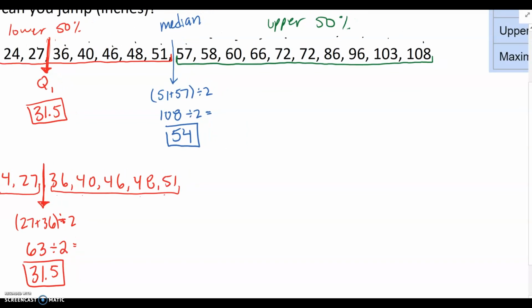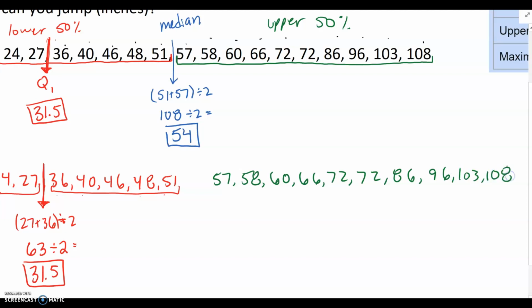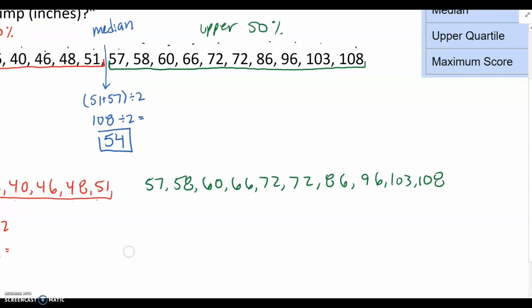And now let's get the upper half. So let's redraw. And for the upper half, we have 57, 58, 60, 66, 72, 72, 86, 96, 103, 108. All right, if there were 10 lows, that means there's 10 highs. So 1, 2, 3, 4, 5, and 1, 2, 3, 4, 5.